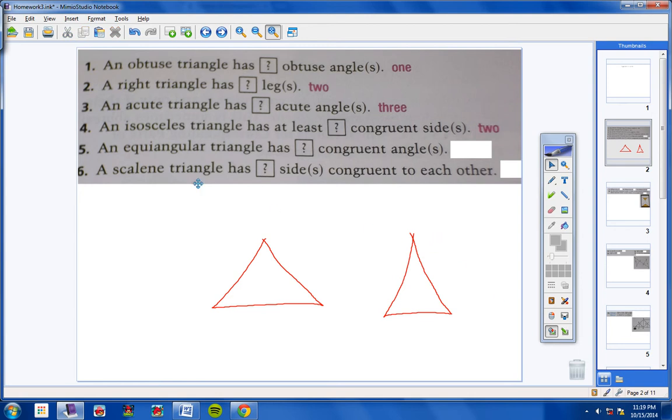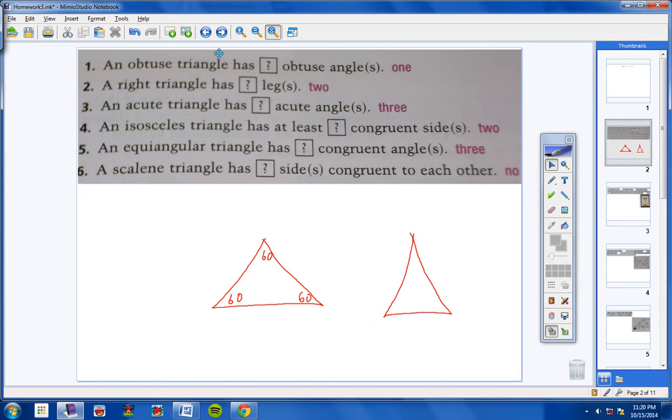An equiangular triangle has how many congruent angles? 3. Remember, an equiangular triangle has angles of 60, 60, and 60. A scalene triangle has how many congruent sides? The answer is 0. The definition of a scalene triangle is a triangle with no congruent sides.